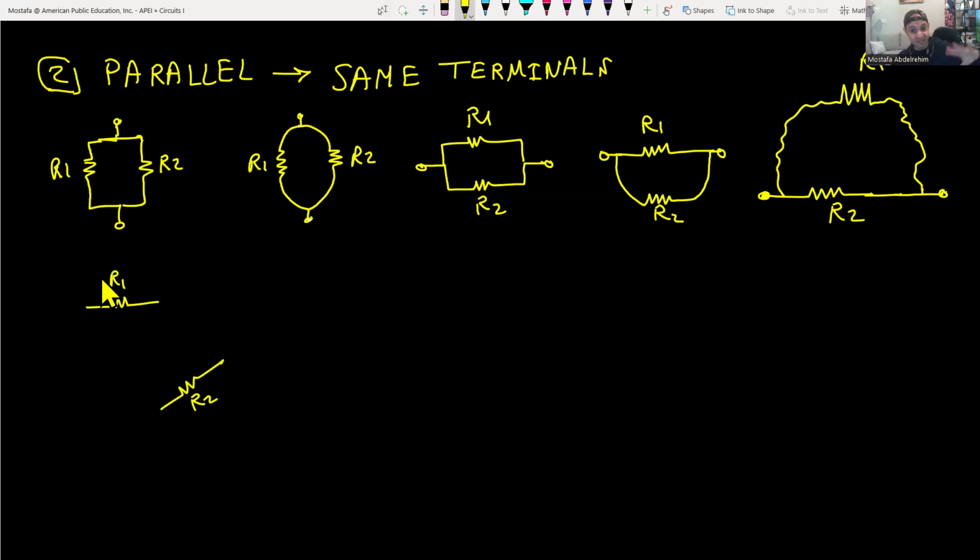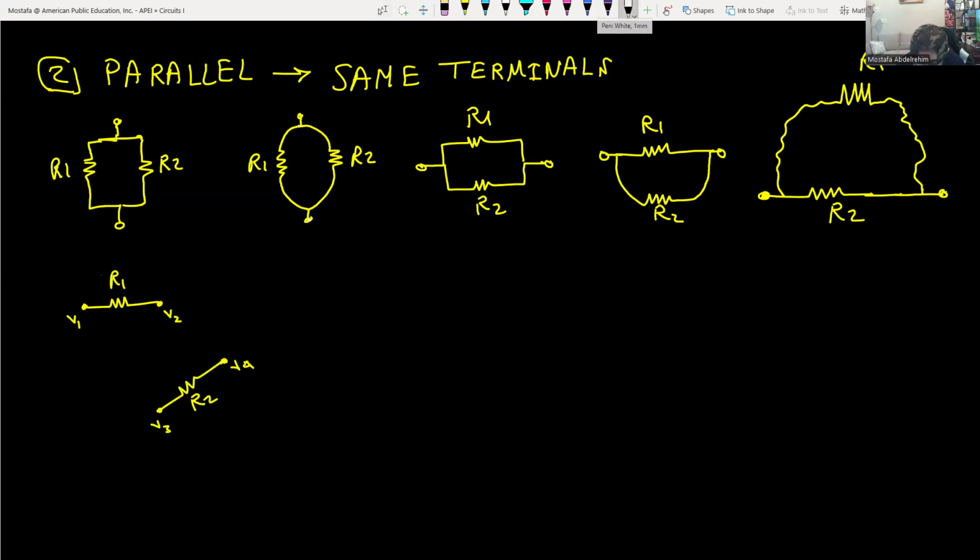And look again, new geometry. You can draw whatever you like. For these two resistors, which look far apart, to be in parallel, they must have the same terminals. Let's assume this is terminal V1, and this is terminal V2. This is V3, and this is V4. So basically, the terminals should be connected to each other.